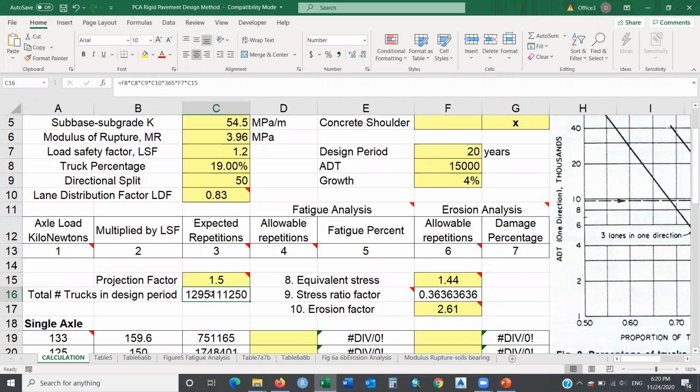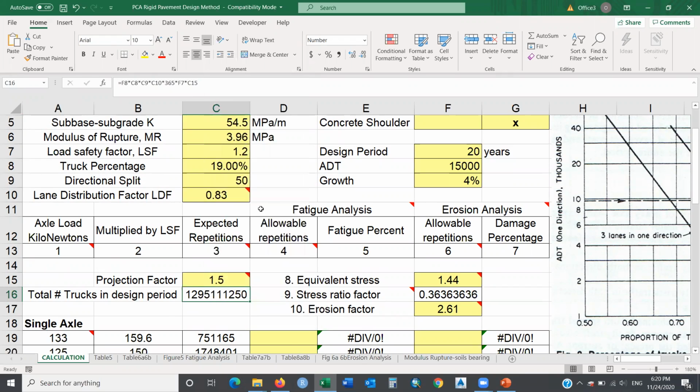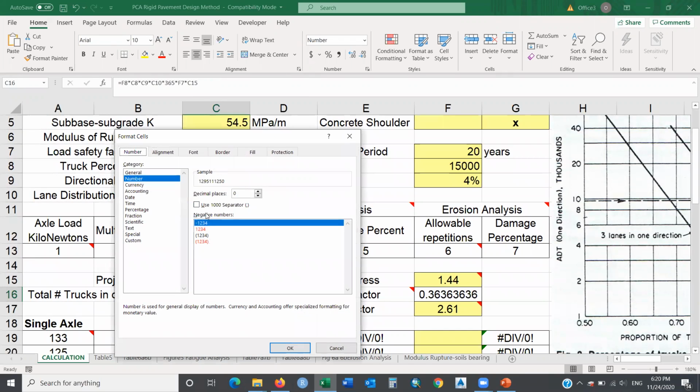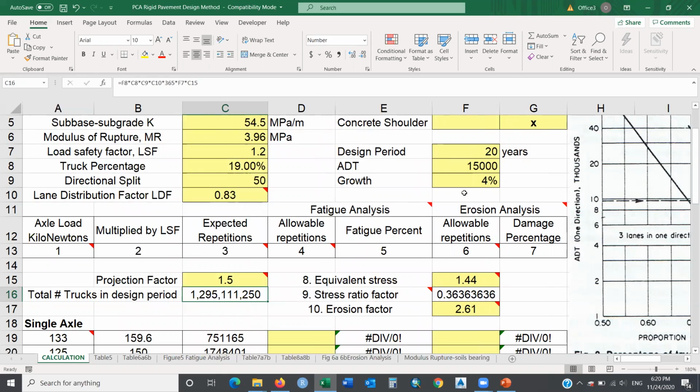The trucks in the design period will be 12. Okay, let me put commas to this. The spreadsheet will calculate it for you. Okay, I need to check this number.